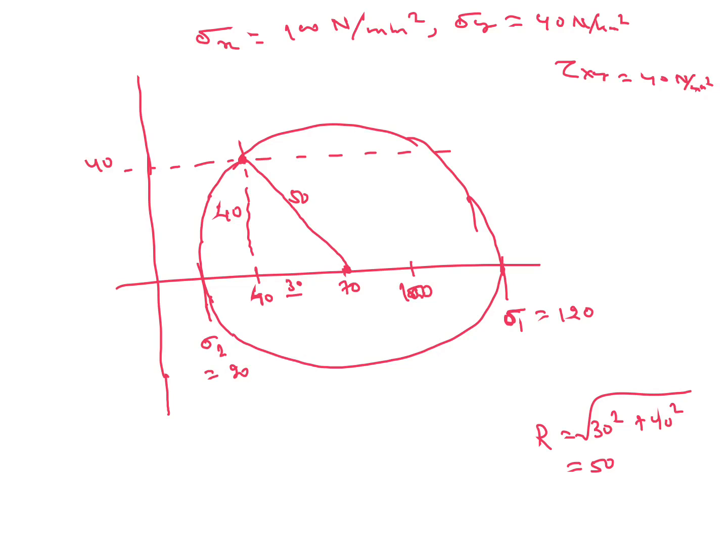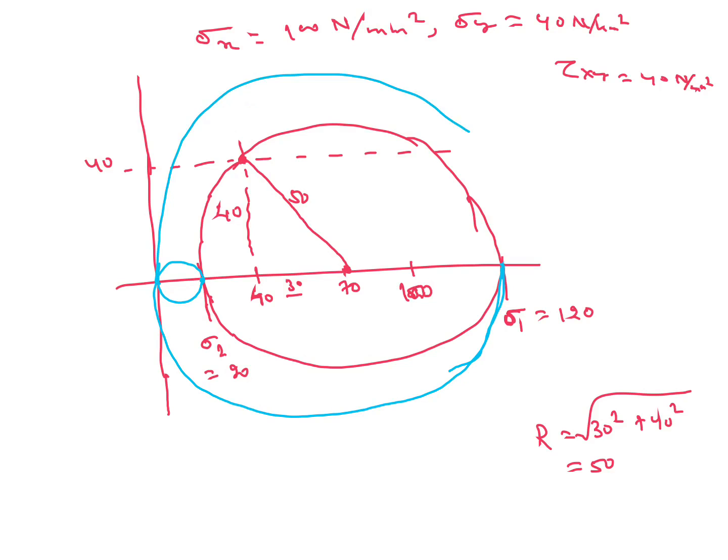So the absolute maximum shear stress you have to calculate. Radius of the 3 Mohr circles. Sigma 1 by 2, 60. Then for this circle you will get radius sigma 1 minus sigma 2 by 2, 50.